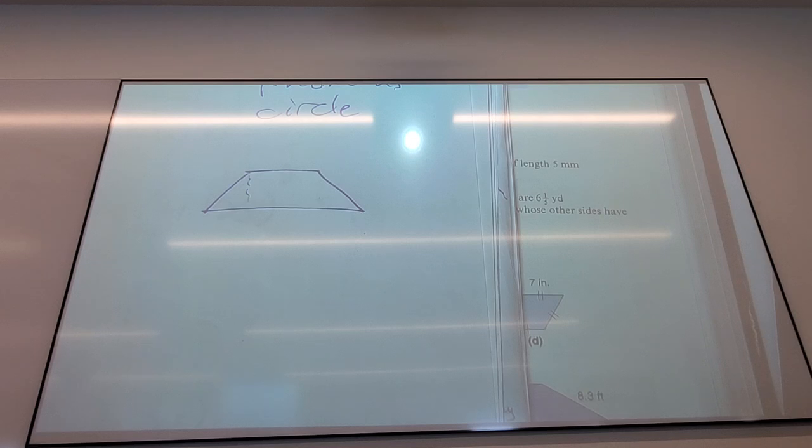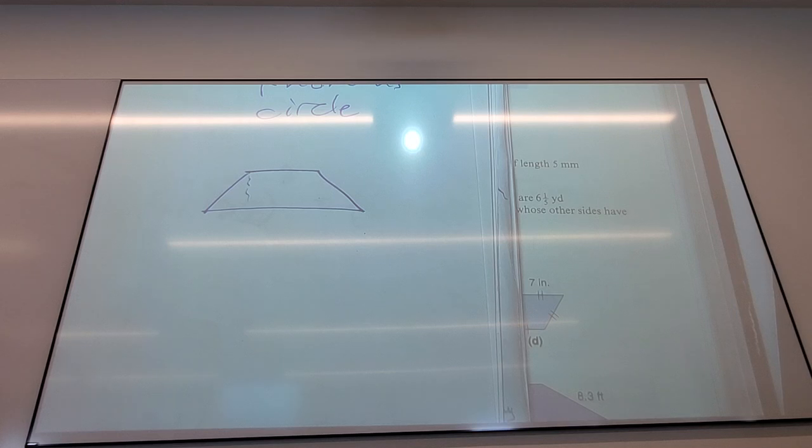So there are kind of two bases to this. But I did something we do very often: I chopped it up. And how exactly did I chop it up? I made two triangles, yes. And for each of those I knew the area formula.